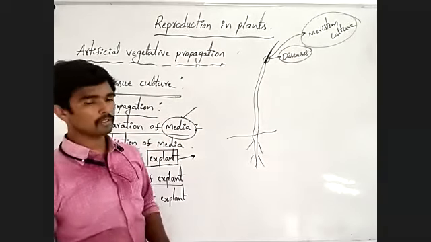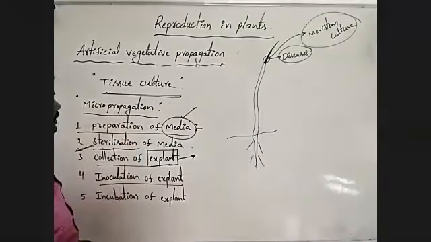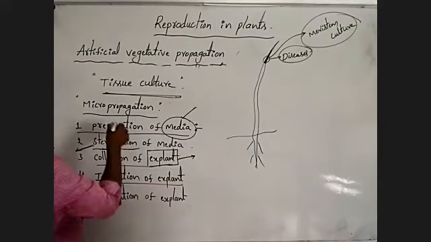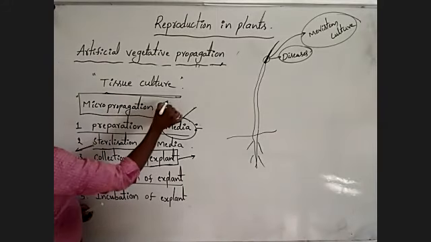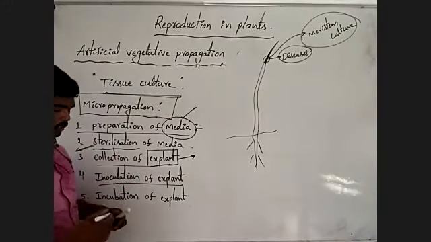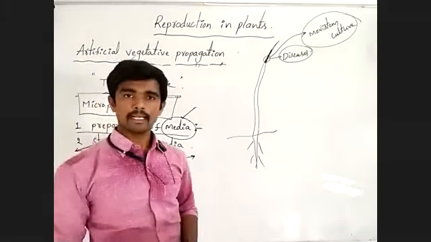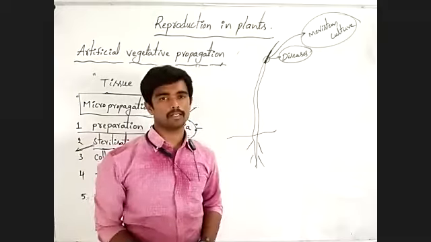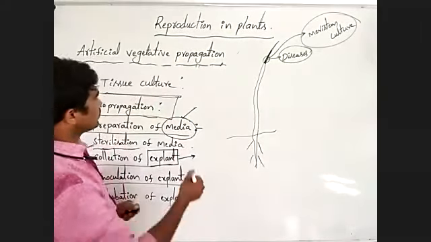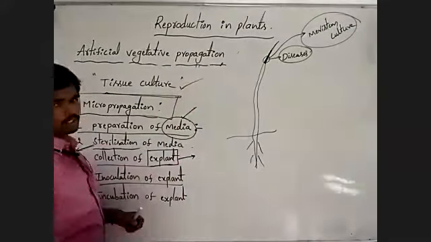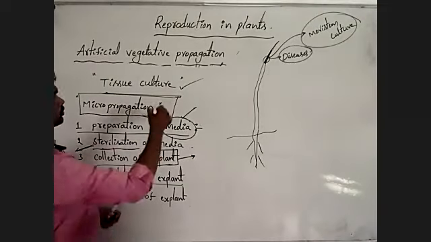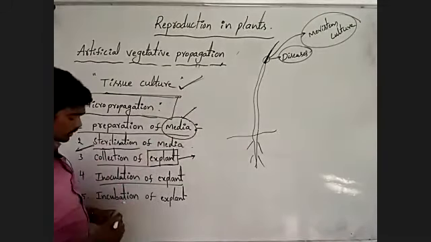This is also an important one here. Micropropagation is a very important advantage of tissue culture. Neem plants and any other different types of plants can be produced by using tissue culture.